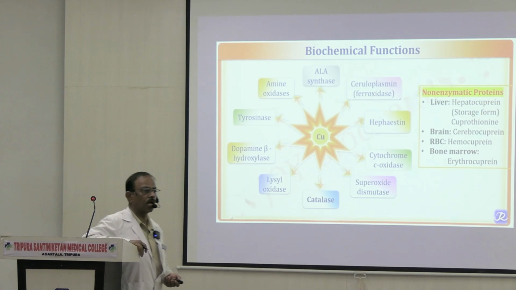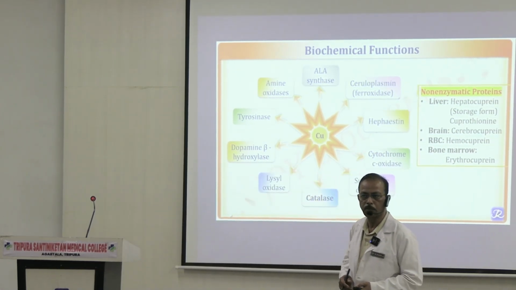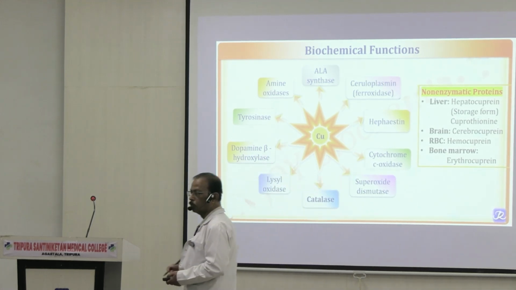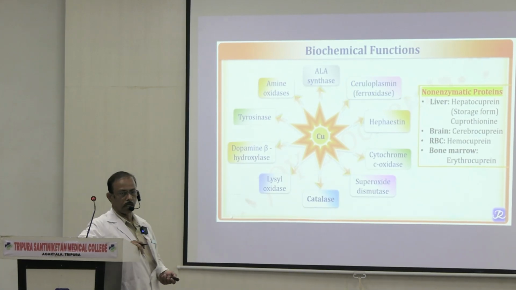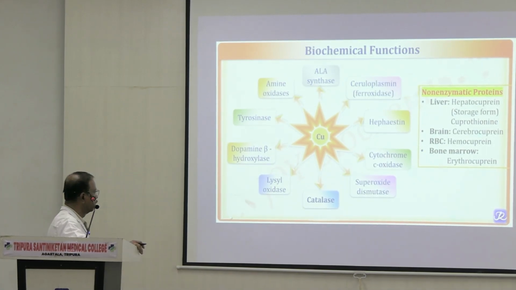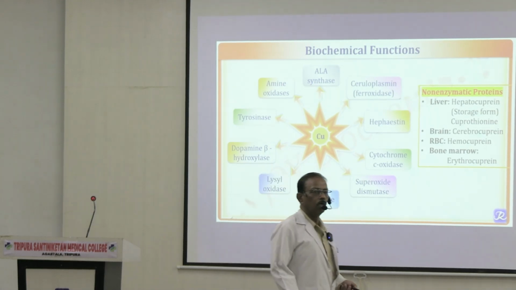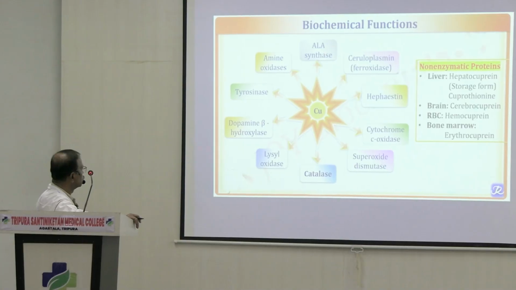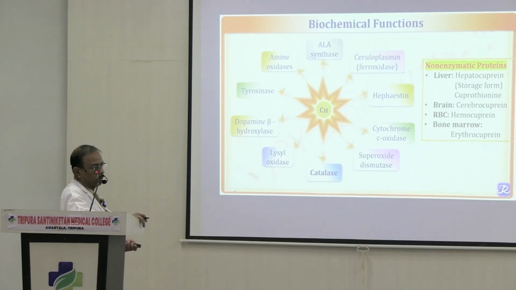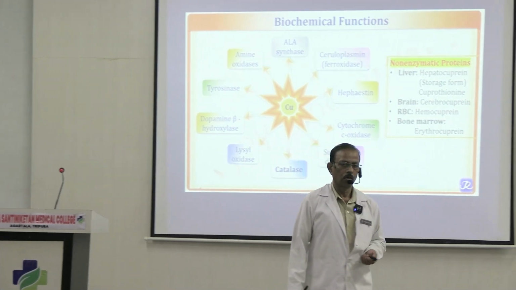Cytochrome C oxidase is the terminal enzyme of the electron transport chain, so copper is very important for normal electron transport chain functioning. Catalase is again an antioxidant enzyme. Lysyl oxidase is responsible for normal elastic tissue formation, so copper is required for normal bone and heart functioning.